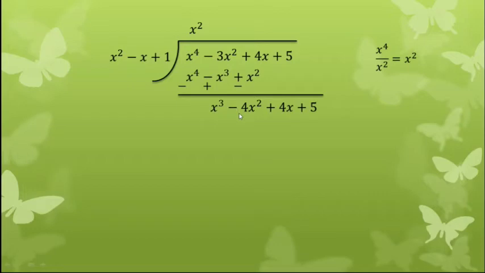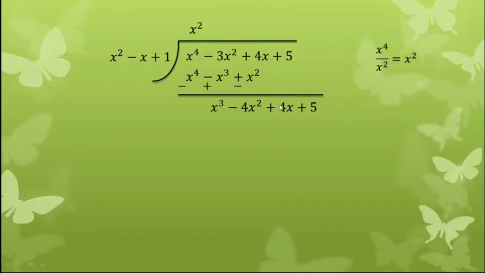copy it. Now again x cube is the first term in that one, and in g(x) x square is the first term. Again we will divide x cube by x square, because we are observing the first term of both.